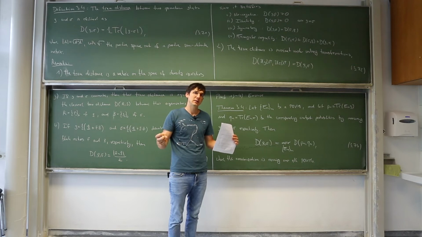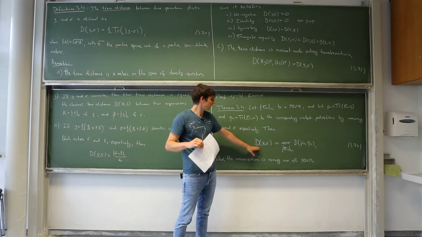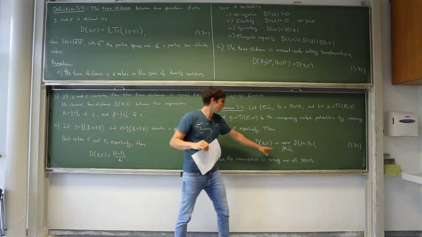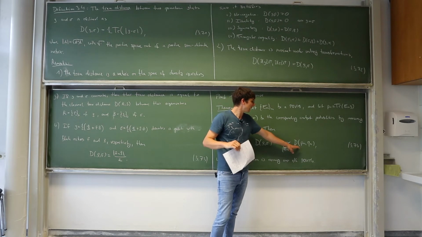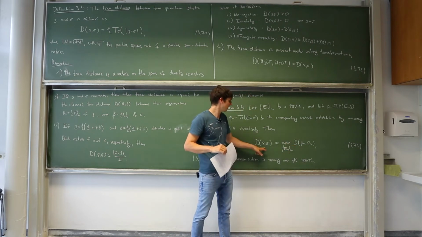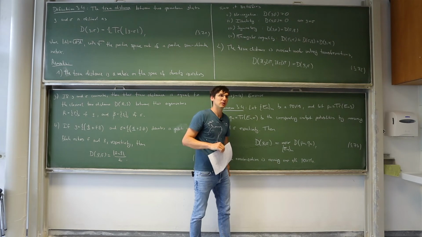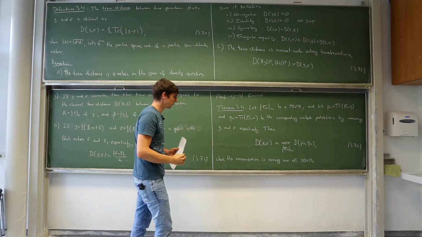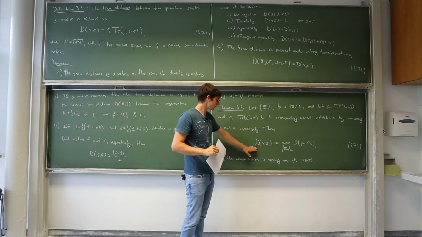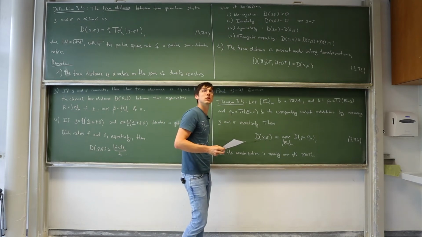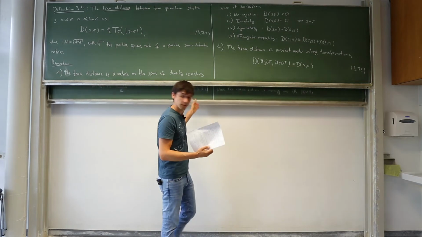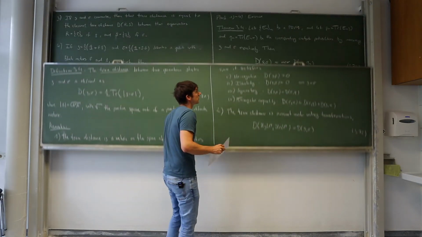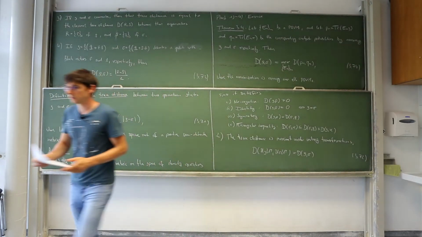And this classical trace distance is now bounded from above by the quantum trace distance, right? Because we can never get a higher classical trace distance than the quantum trace distance. And in the following, we're going to prove this theorem. So let me start with the proof.